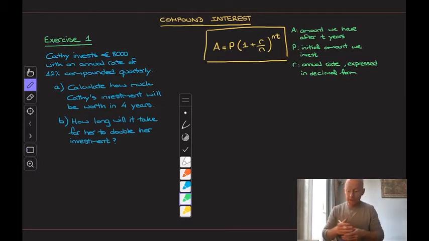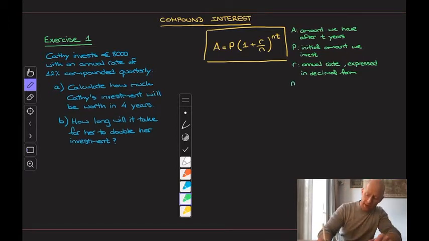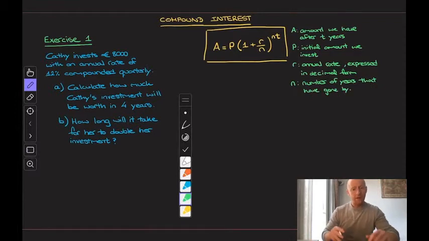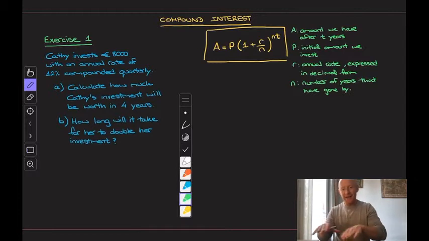Finally, we have N, and that is the number of times per year interest is compounded. Okay, that is exactly what you should write down.